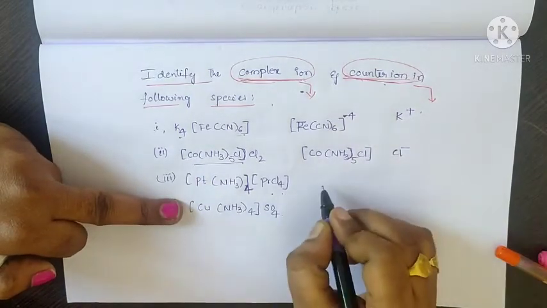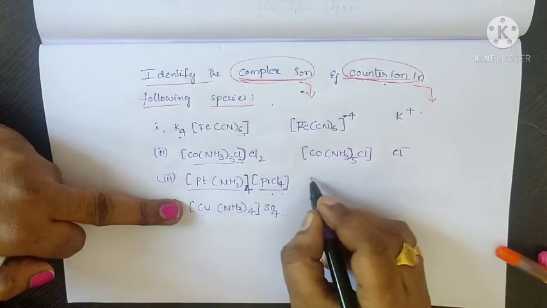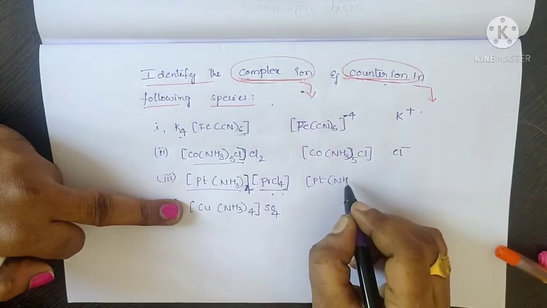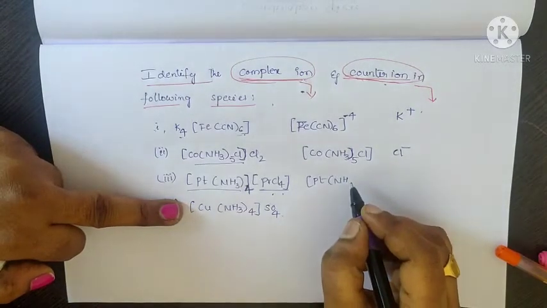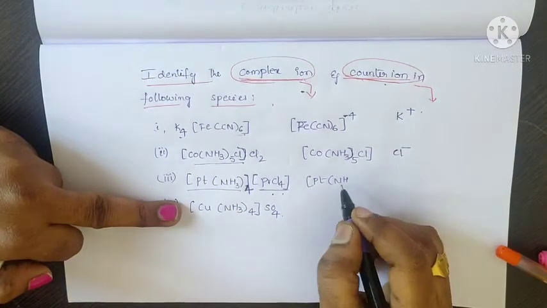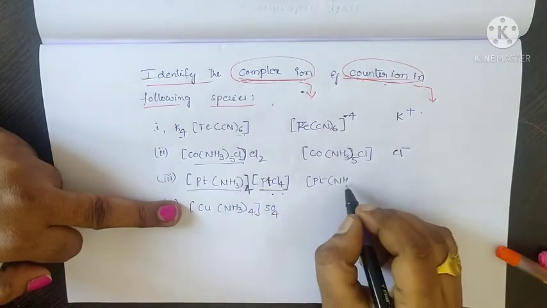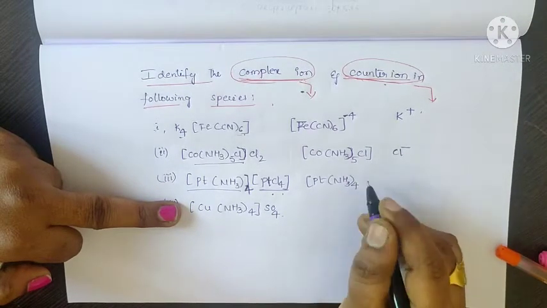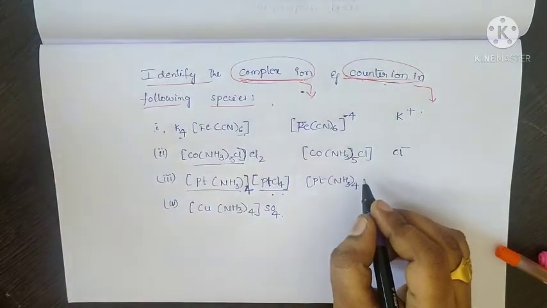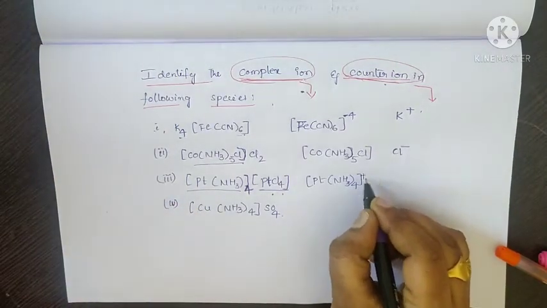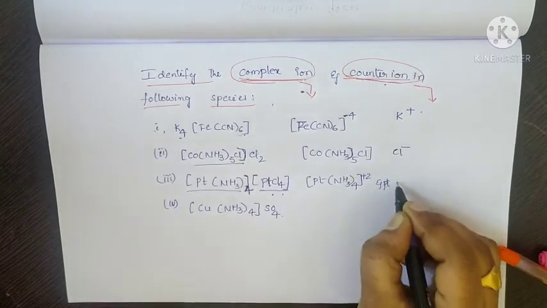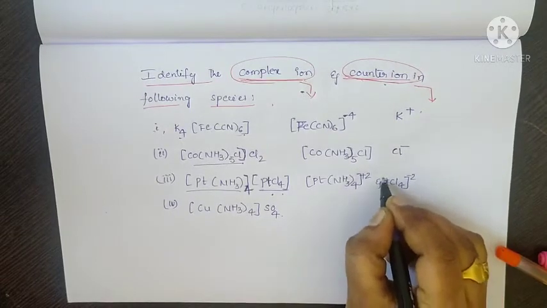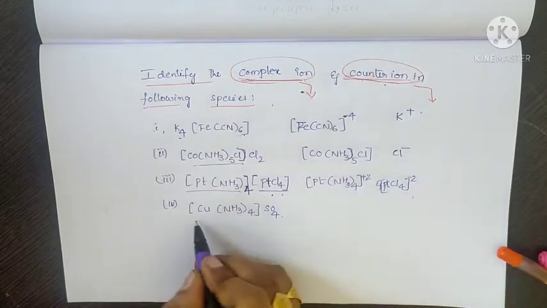And next one, [Pt(NH3)4][PtCl4]. In this, two complex ions are there, [Pt(NH3)4] and platinum chloride. These are complex ions inside the square brackets, so we call it the coordination sphere, containing central atom and ligands.